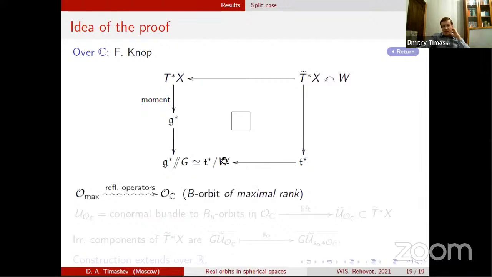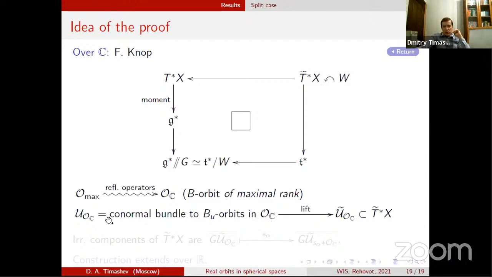Now let us take any B orbit of maximal rank, which is exactly a complex B orbit obtained from the open one by a sequence of reflection operators, by Knop's action of the Weyl group. Consider the conormal bundle of the foliation of orbits for the unipotent radical of B in this B orbit O_C.